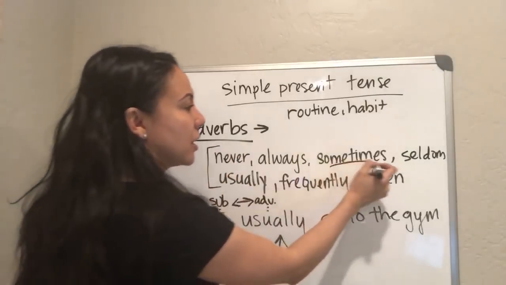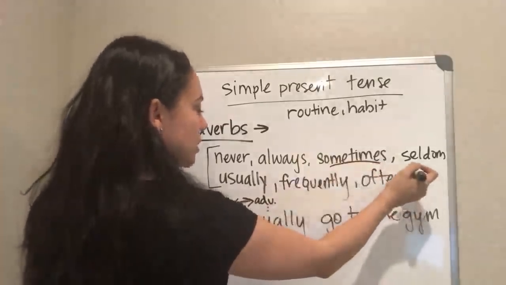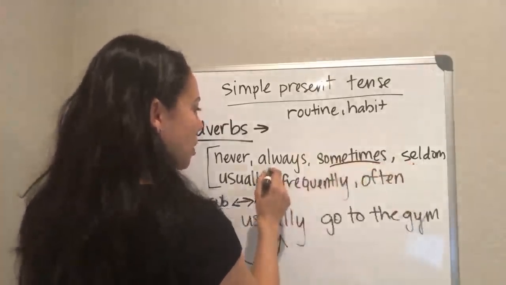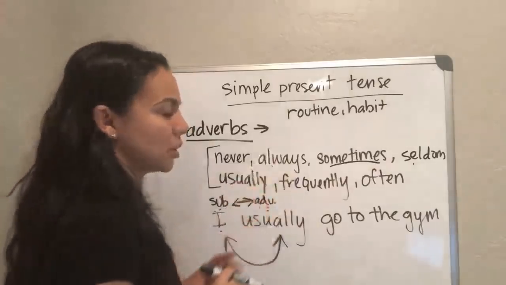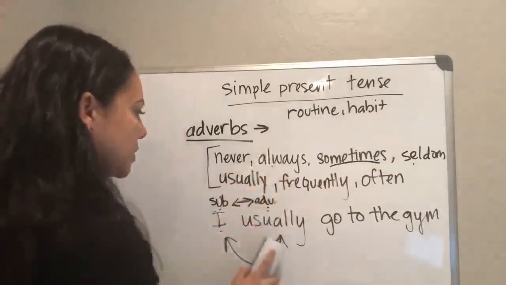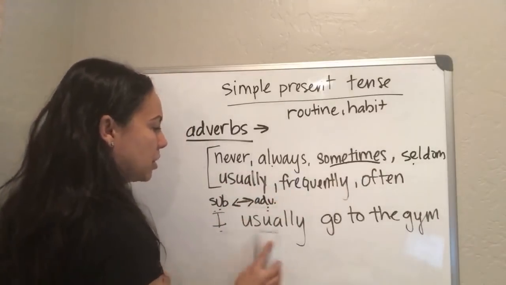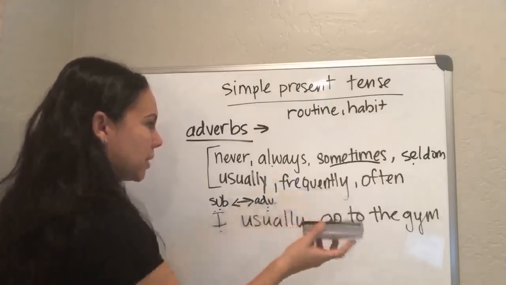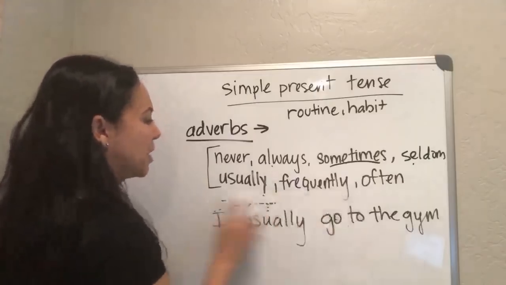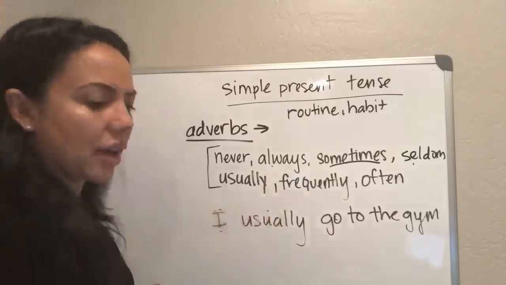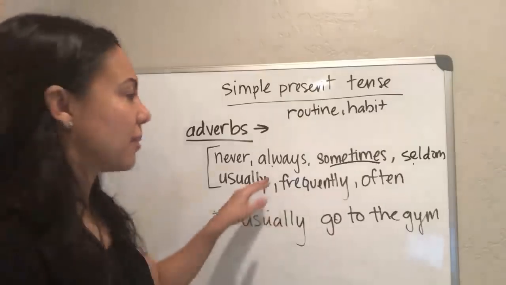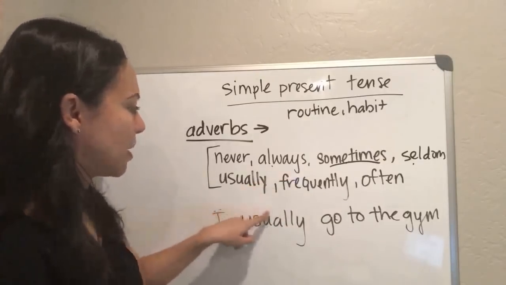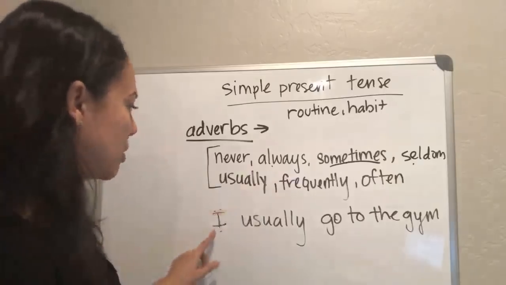Sometimes, so actually sometimes I seldom go. Always I go to the gym. You can do it. Actually, some of these are a little bit weird sounding though. Maybe we'll just leave it like this. Subject and then the adverb. I don't want to confuse you guys because there are some that you can do it and some of them it sounds a little bit weird.